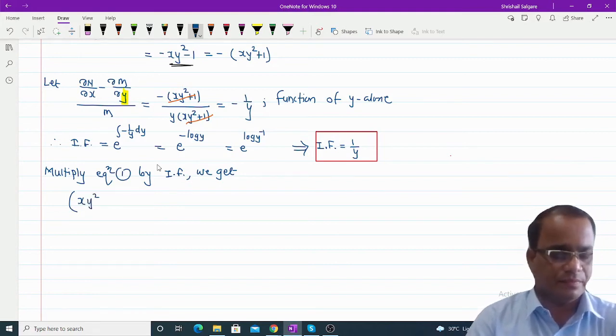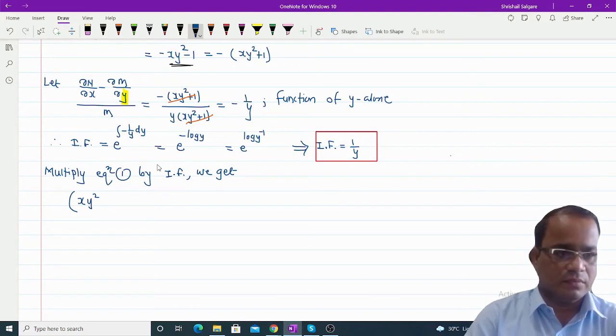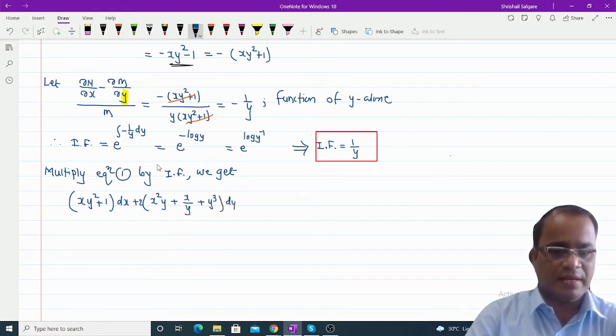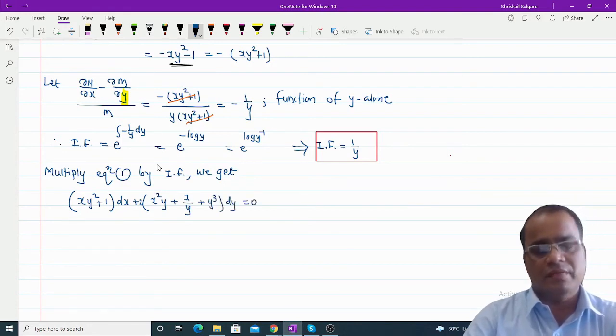Confirm me. Plus the second term is y, and y divided by y. Plus, outside 2 is there, x square y square divided by y means x square y, plus x upon y, plus y raised to 4 upon y, that comes as y cube, equal to 0.